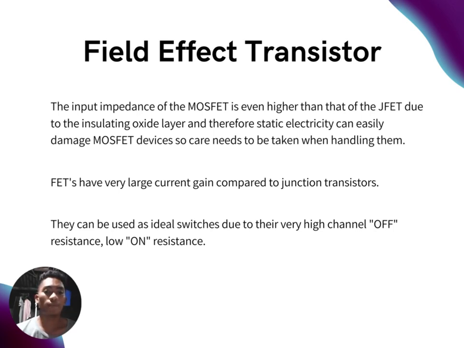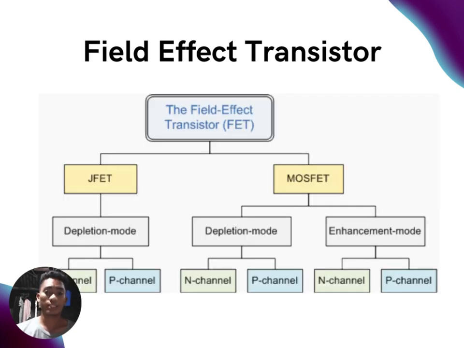FETs have very large current gain compared to junction transistors. They can be used as ideal switches due to their very high channel off resistance and low on resistance. These are the models of the field effect transistor, or the FET.